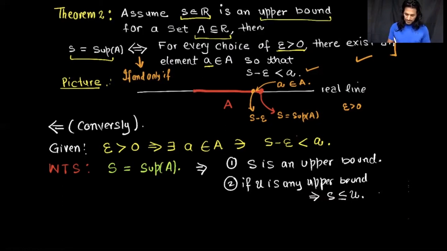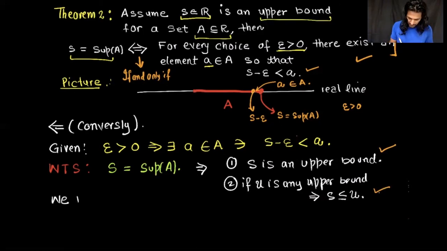We already know in this statement, it is given that S is an upper bound. So this is clear from the statement of the theorem. So all we need to prove is that if U is any upper bound of the set, then S must be less than or equal to U.